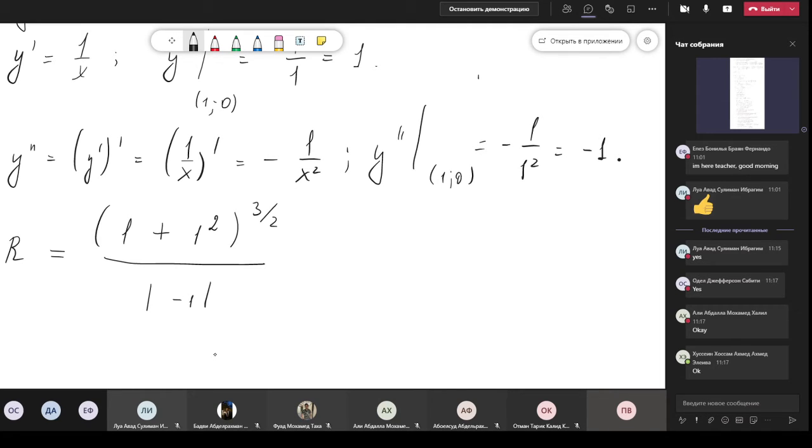Yes, it is very good. 1 plus 1 is 2. 2 with power 3 over 2 is 2 root of 2. The modulus of minus 1 is just 1.